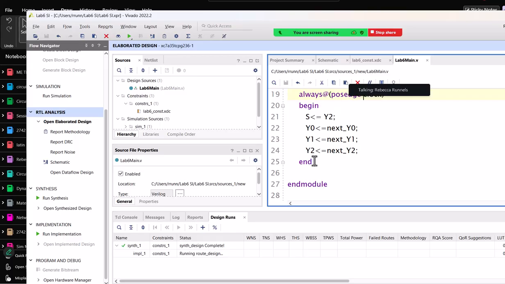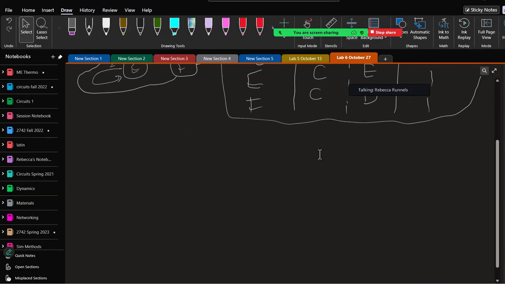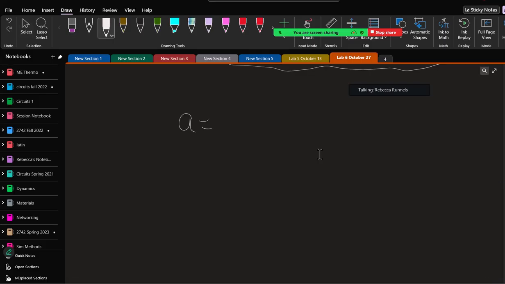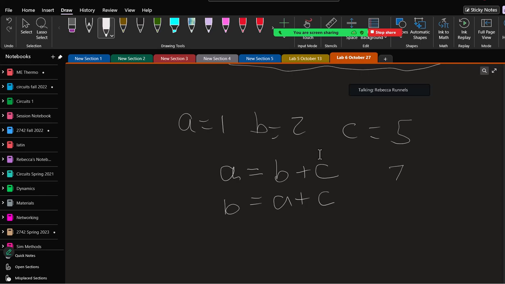Right, when it gets to the end of the always block, then it assigns all of these that you had up here. It doesn't do it one at a time. So if I had A equals 1, B equals 2, C equals 5, and I have A equals B plus C, and B equals A plus C. If I do it just like this, then A would equal 7, and then B would equal 12.